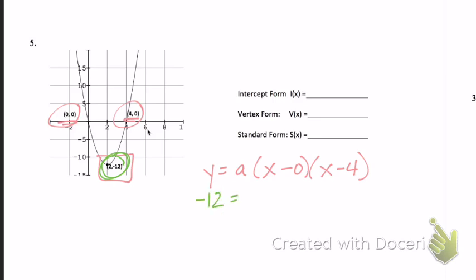So negative 12 equals a times (2 minus 0), and 2 minus 4 is negative 2. So negative 12 equals negative 4a. So a equals 3.